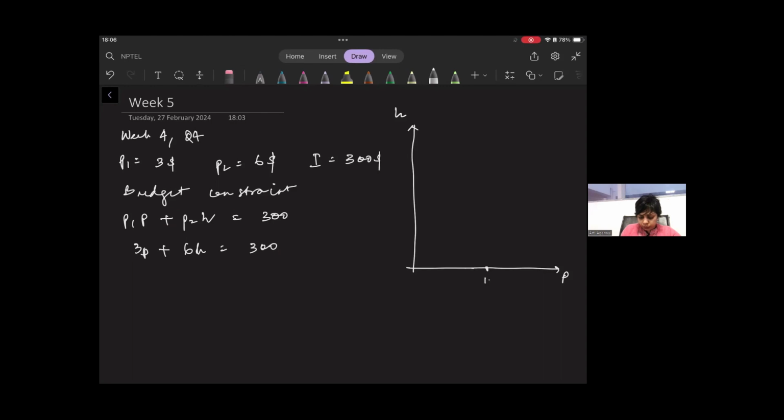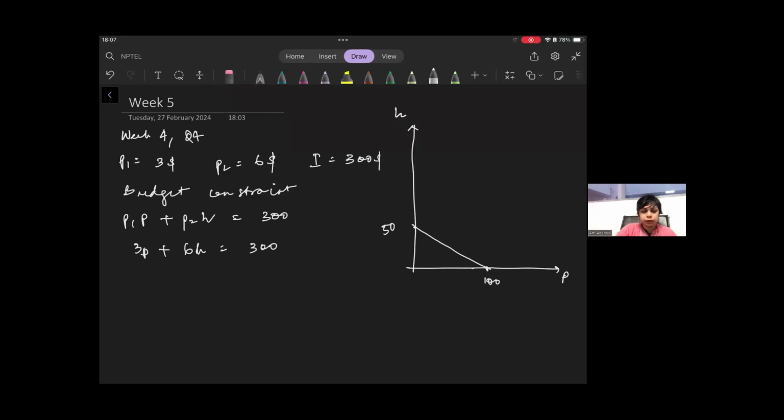Suppose this is 100. For P equal to 0, H is equal to 50. Suppose this is 50. So this is your budget line. Now you can calculate the slope of this line. It will come out to be minus half. It's downward sloping, so it's going to be negative, and you can take minus 50 by 100, or whichever way you want to calculate it.